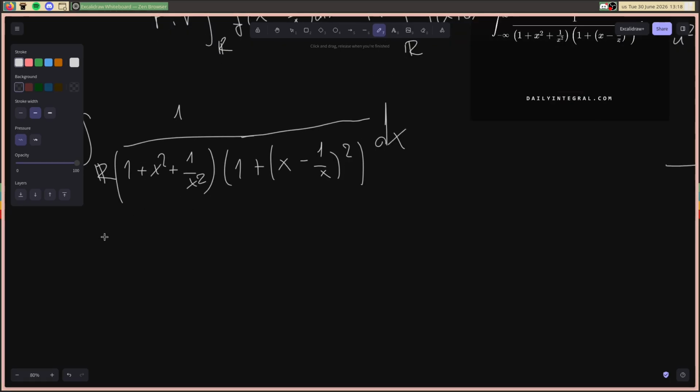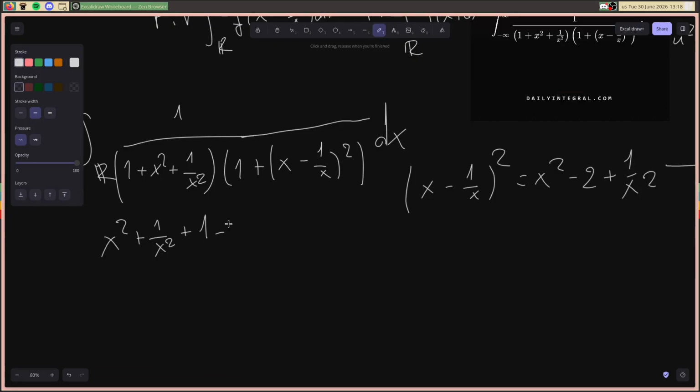So the way we're going to do that is we're going to apply a well-known idea, and that is that this value squared is x squared minus 2 plus 1 over x squared. So we will add and subtract 2 here and get x minus 1 over x squared minus 2 plus 2, we subtracted 2 to make the identity, so plus 2 plus 1 is plus 3.